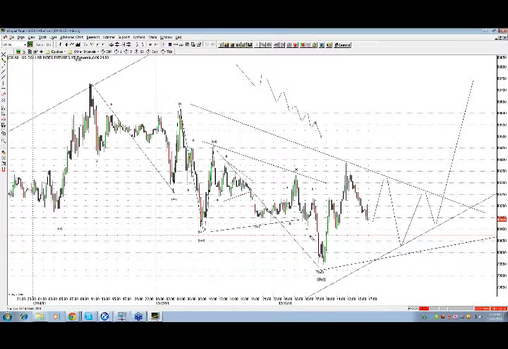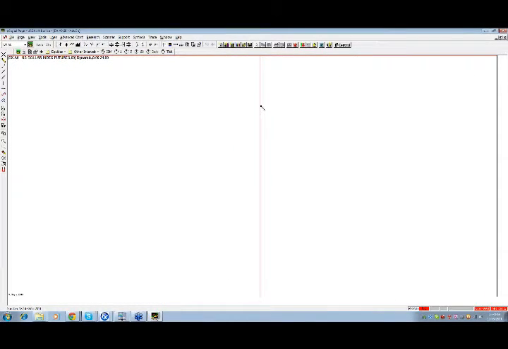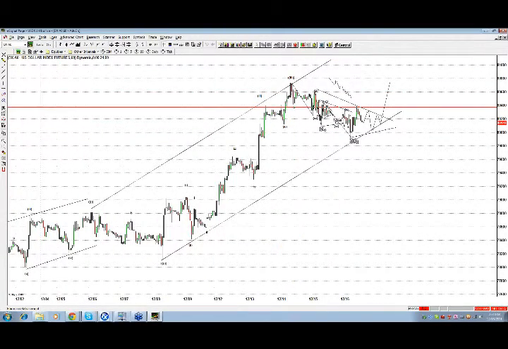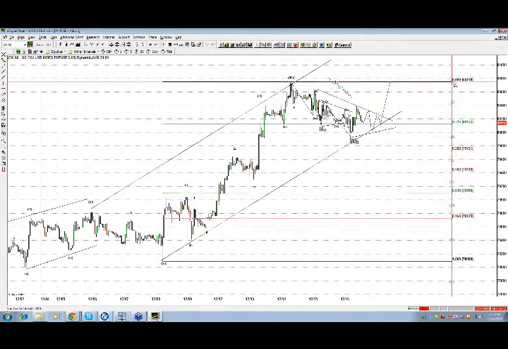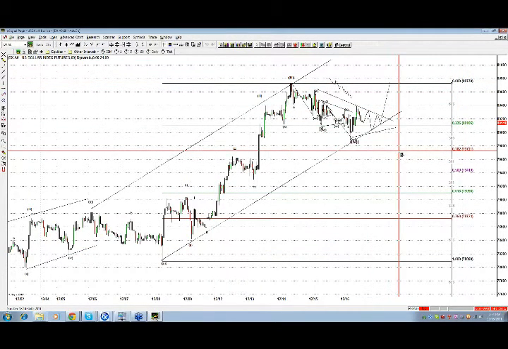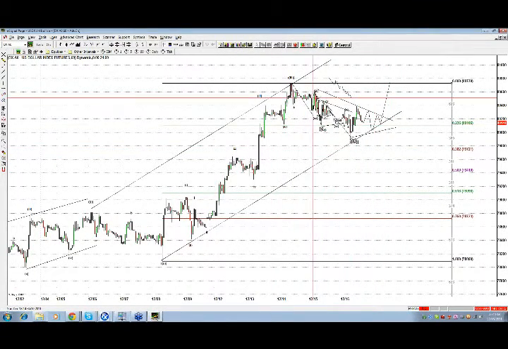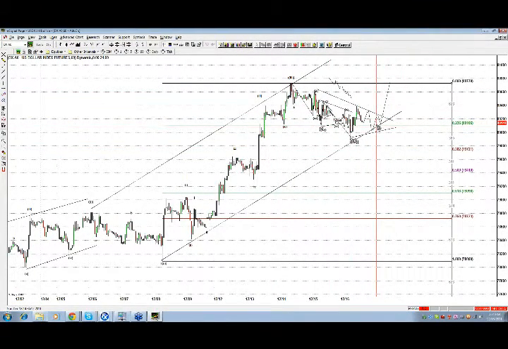I mean, if this is A, then you most likely are going to get another low, like I said, to the 3802, that comes around the 79, 70, 72 area, or you're going to get in this structure a triangle. So it can be labeled both ways.